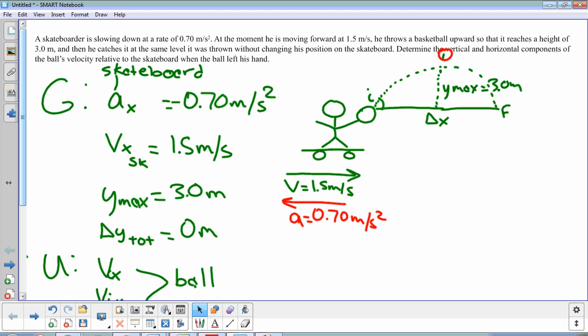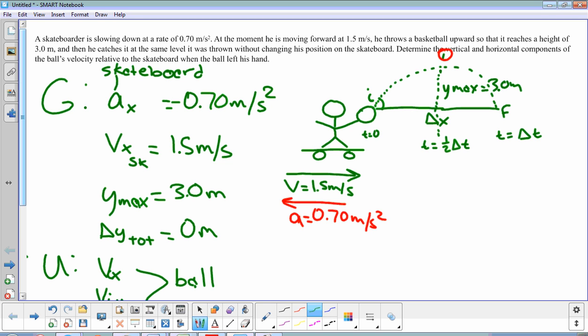Half of the total time, right? So I need to know that. So if this is time equals 0, over here is t equals whatever it is, whole delta t. Right here, t is equal to 1/2 of delta t. I think I have described this problem now.